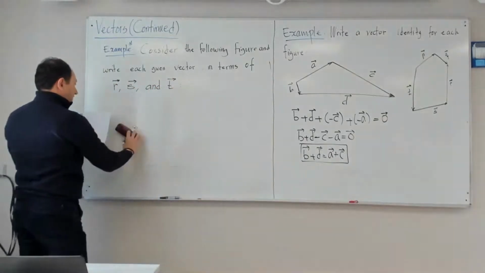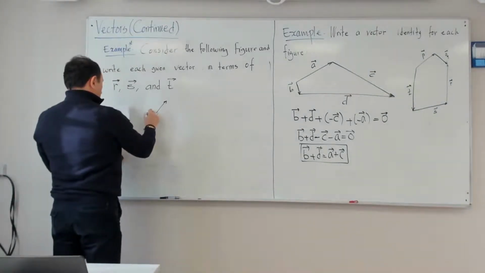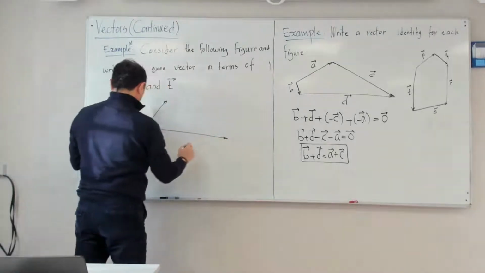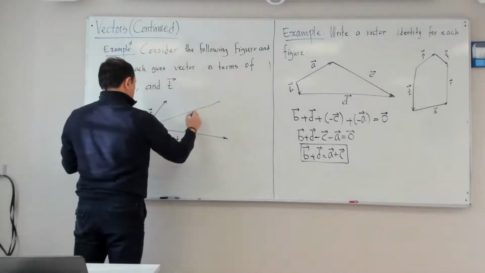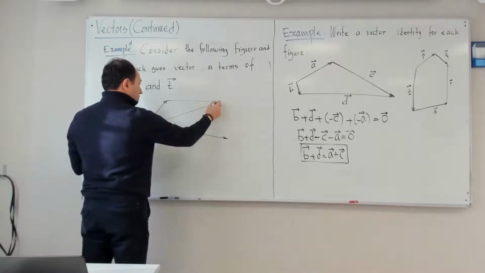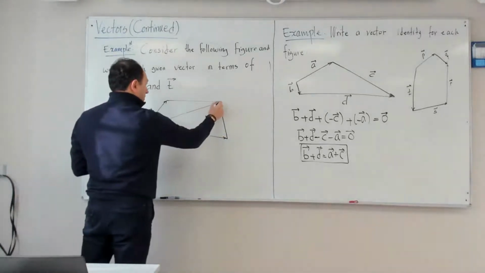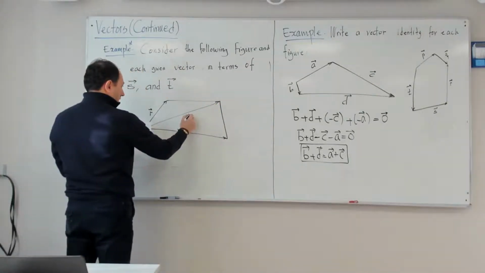So the picture that I give to you is this one. Some of them are just normal lines. Some of them have been emphasized to be vectors. But from any line, you can make up 2 vectors in each direction that you like.